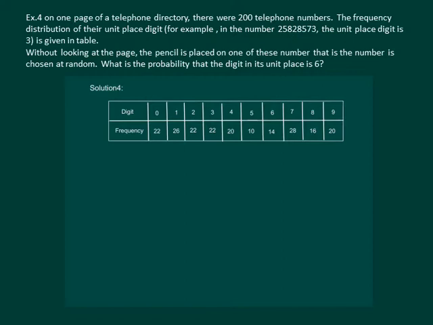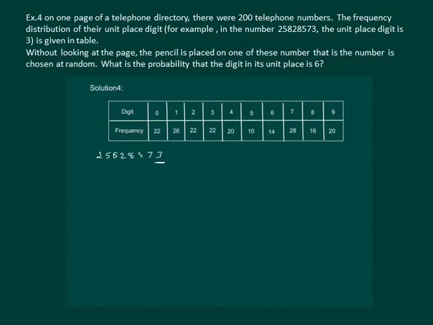Let us first understand the statement. The frequency distribution of their unit place digit is given in the table. It means, suppose the number is 25828573, then the unit place digit is 3, and the frequency of numbers with unit place digit 3 is 22 on that page.